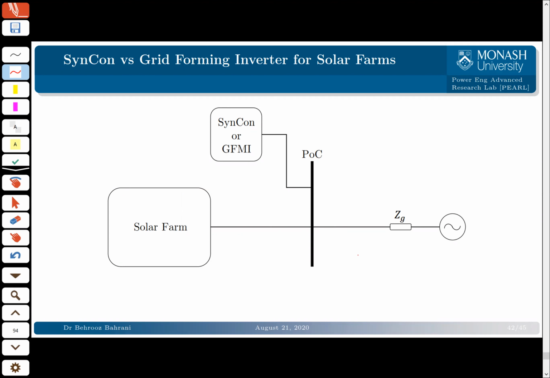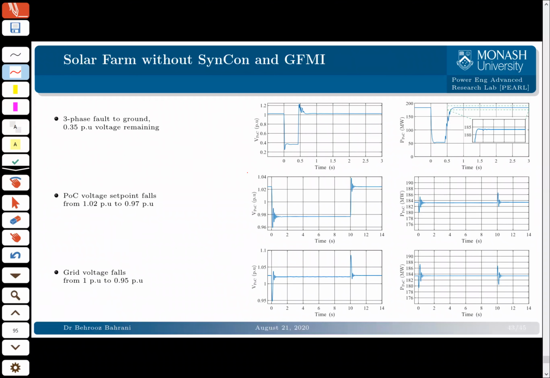But we had a solar farm, and that solar farm was supposed to be supported by a SynCon or a grid forming inverter to be connected to the grid and react well upon contingencies in the system.